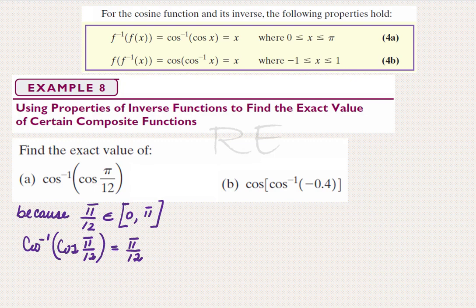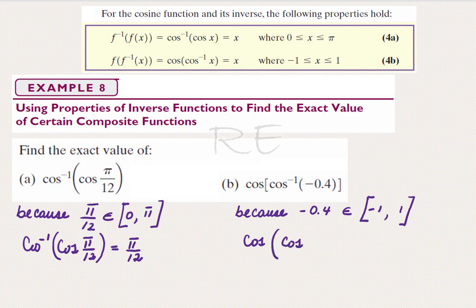Now, for B, because negative 0.4 belongs to the interval -1 to 1, so negative 0.4 is between -1 and 1, the inverse of x exists.